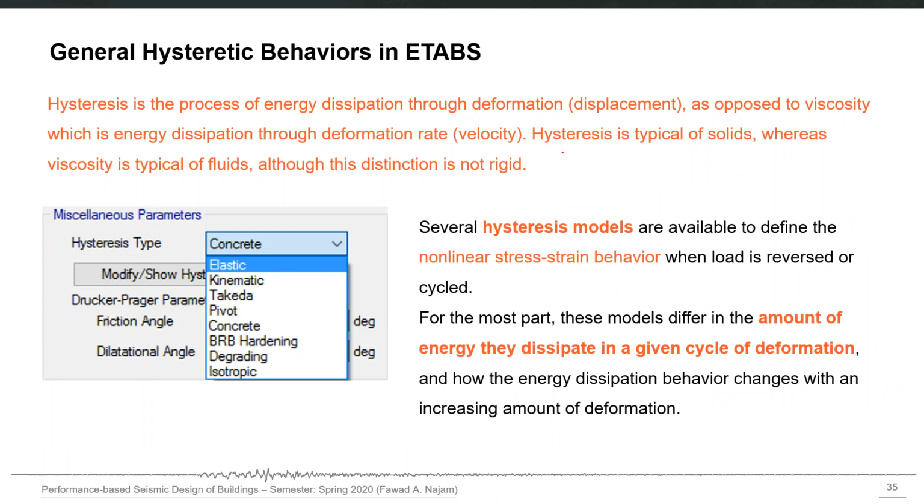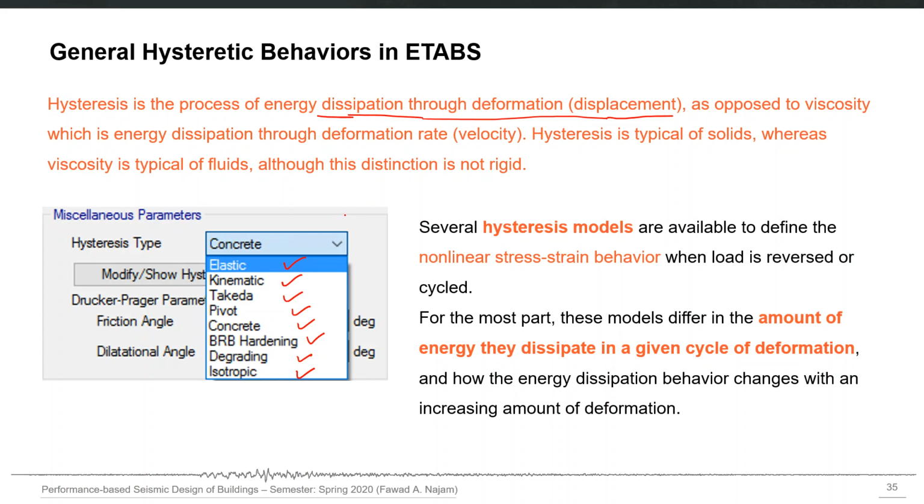So if you are talking about ETABS, it has several of these hysteretic behaviors which are default hysteretic models. Hysteresis is a process of energy dissipation through deformation. So whenever an element yields or cracks or crushes, a particular nonlinear component dissipates energy. It basically dissipates the energy of the applied loading. So the process is called hysteresis, and it is captured or shown by the hysteretic behavior.